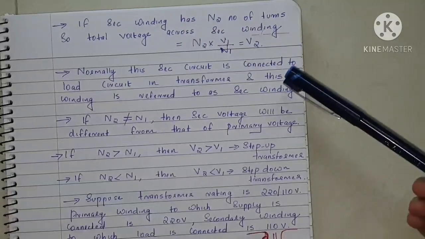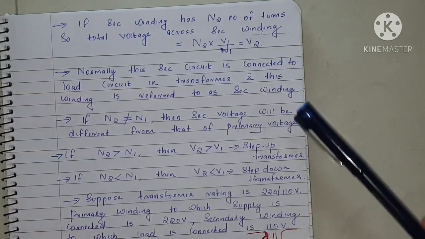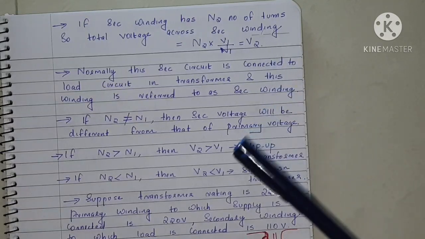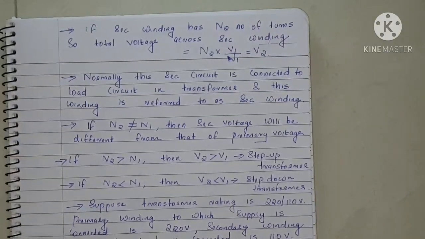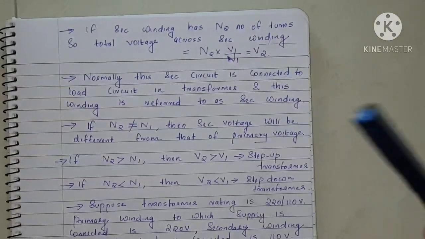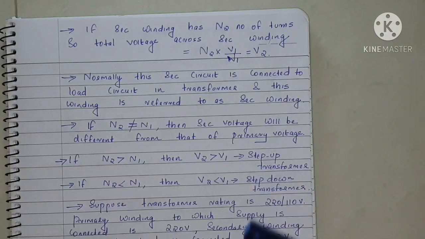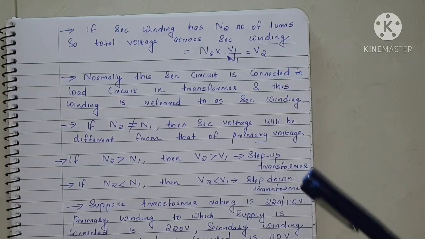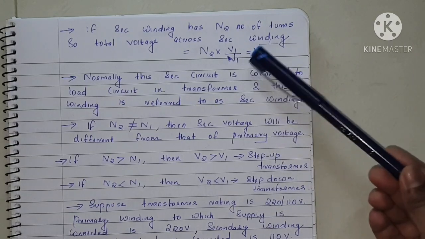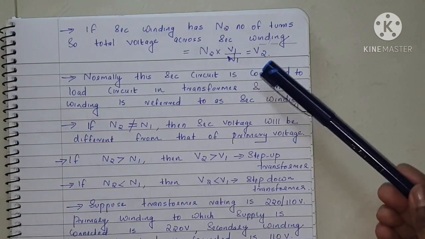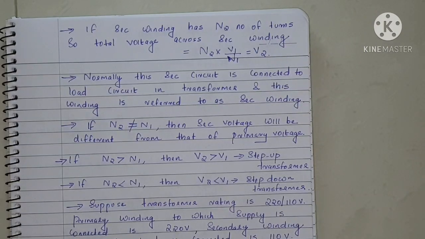If the secondary winding has N2 number of turns, the total voltage across the secondary winding can be represented as N2 into V1 by N1, which is equal to V2, that is, the voltage across the secondary winding.